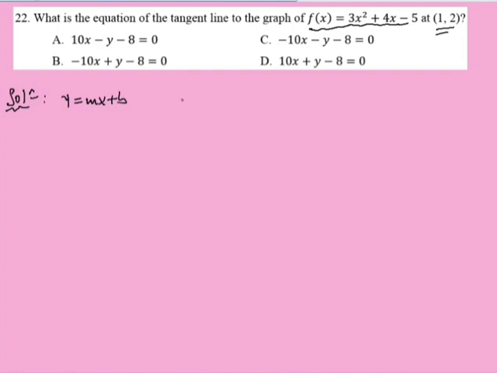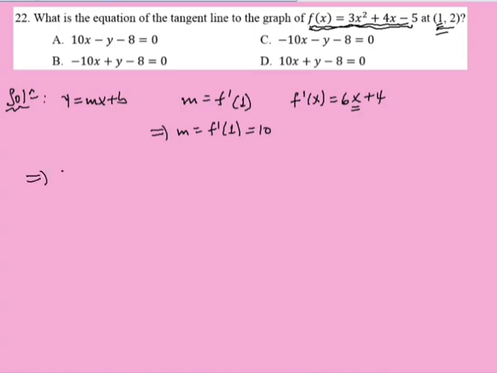Here the slope can be calculated by f derivative at the point 1. So the function is this one, and its derivative becomes 6x plus 4. So the slope, f derivative at 1, is 10. Substitute 1 here. F derivative at 1 is 10.